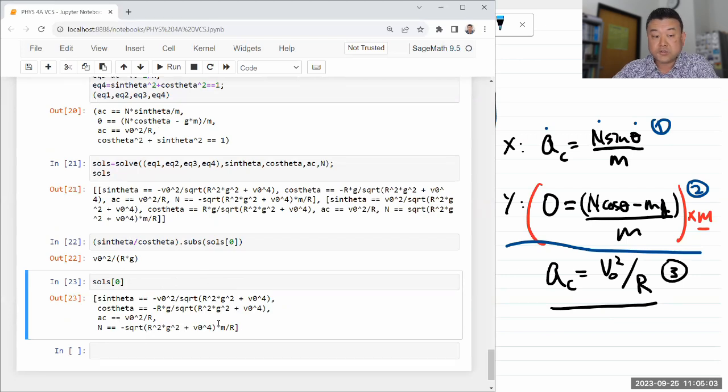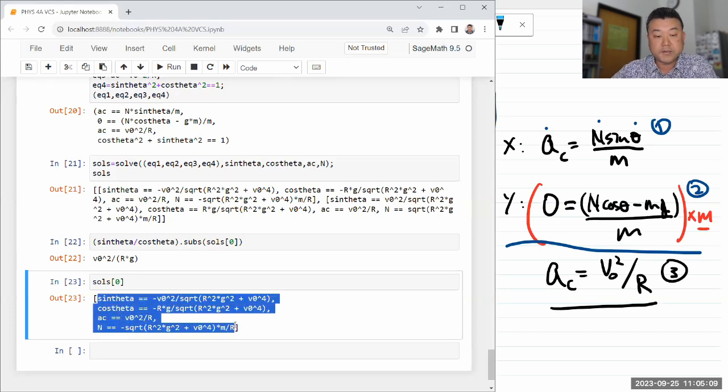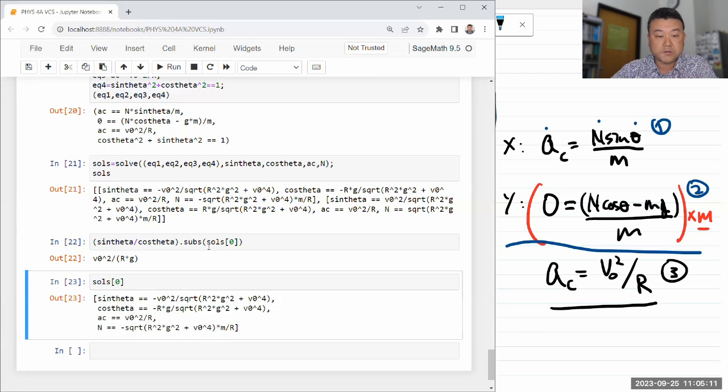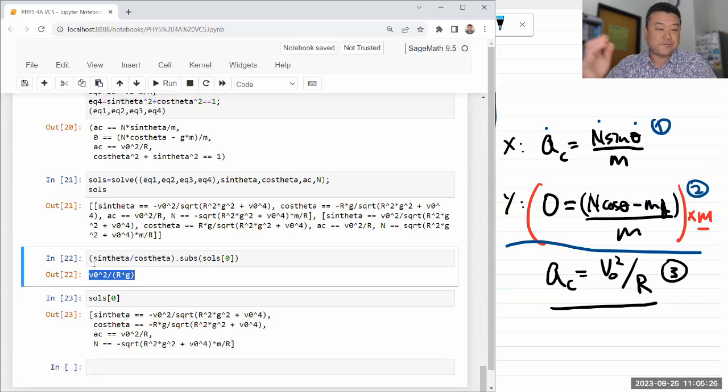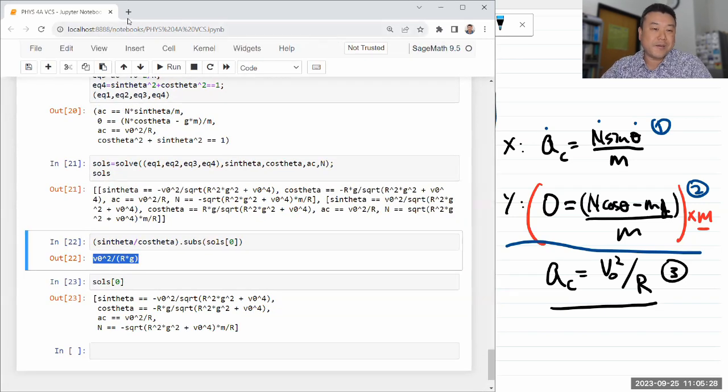And this is actually one of the allowed syntaxes for substitution: provide a list that states all the equalities of what it'll be substituting. So with that, it substitutes in these expressions for sine theta and cosine theta, and then it does this division, which gives that answer. So I'm just going to use this answer to use Wolfram Alpha for the remainder.